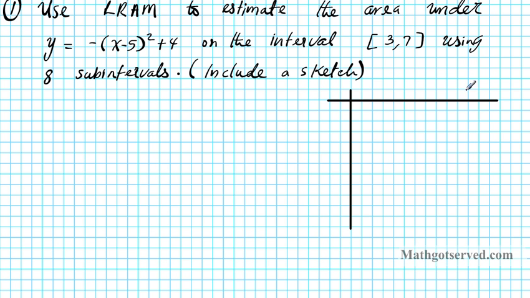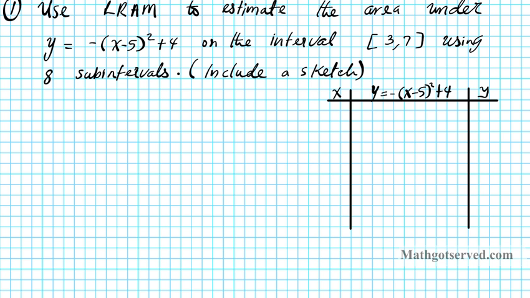Alright, so let's populate our table in the following fashion: x, and y equals negative (x minus 5) squared plus 4, and then our output is going to be y, okay? Alright, so let's start out with 3.